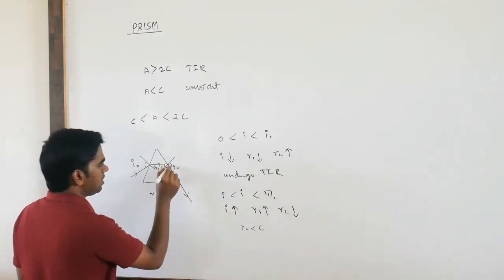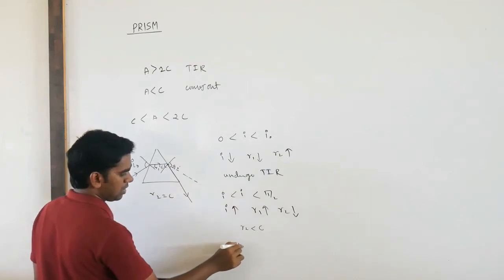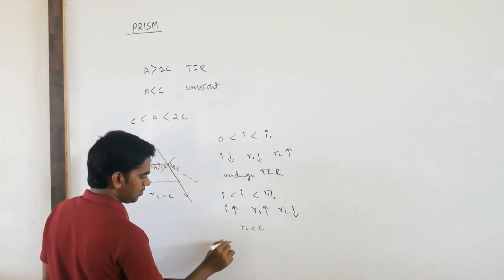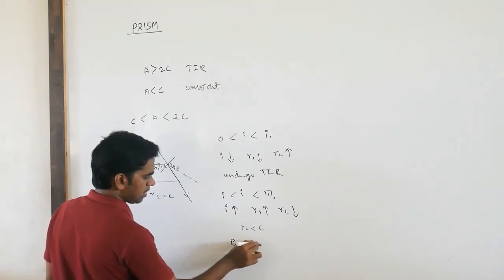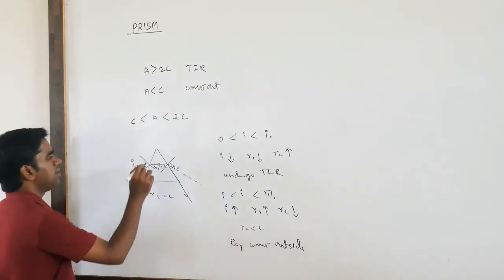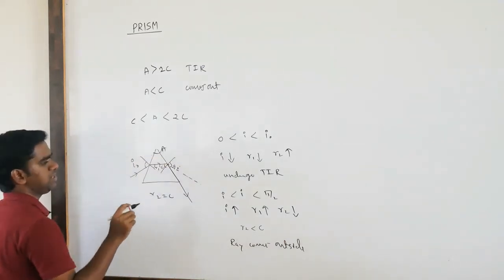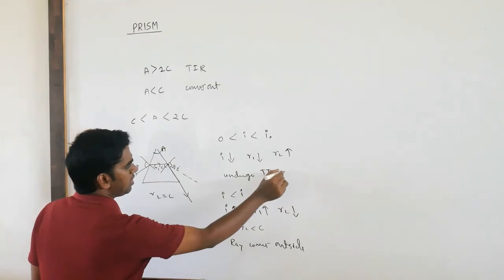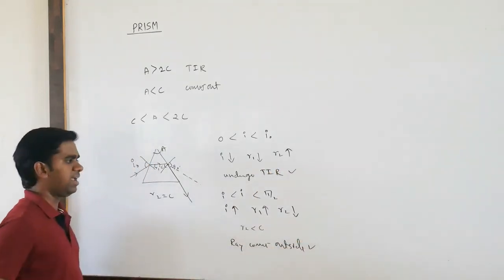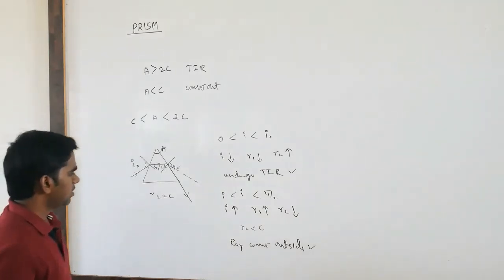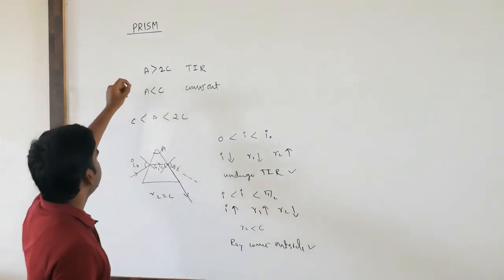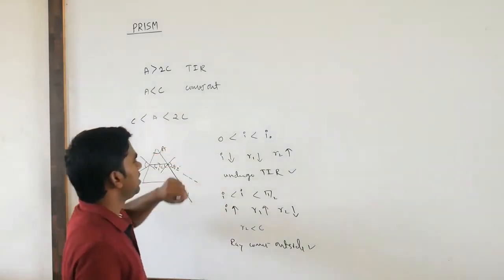So obviously the ray will come outside. That means if the angle of prism A is between C and 2C, whether the ray undergoes total reflection or comes outside depends on the angle of incidence.